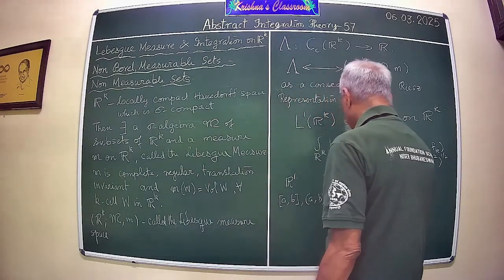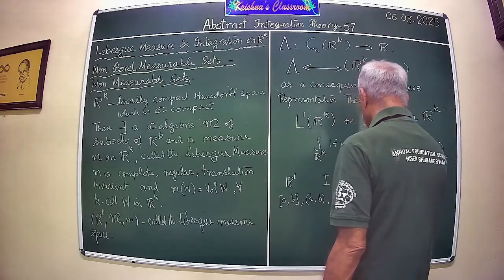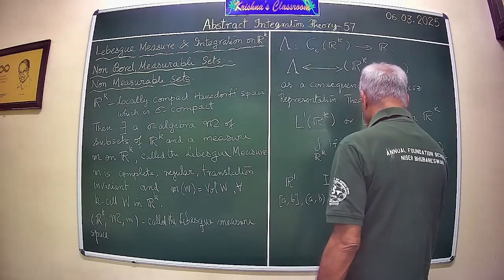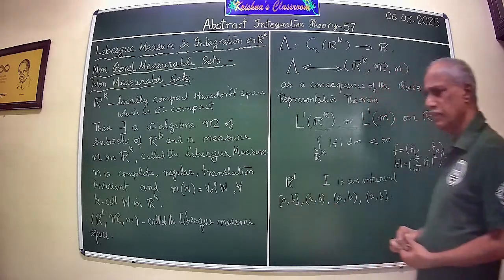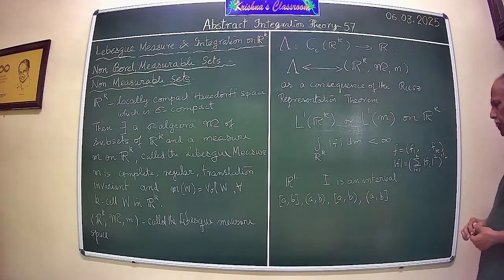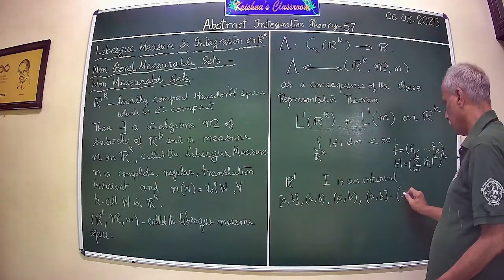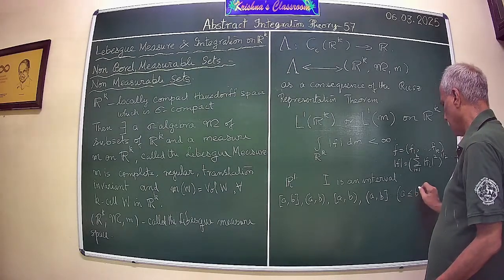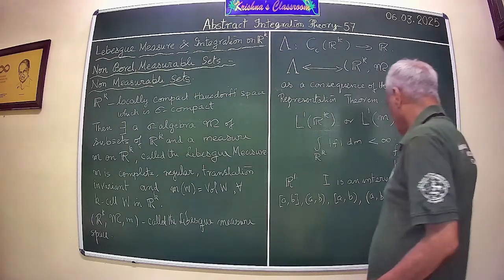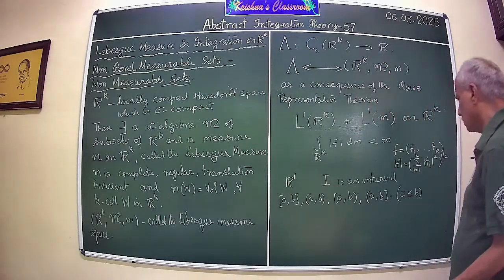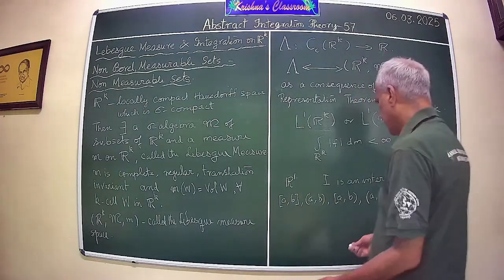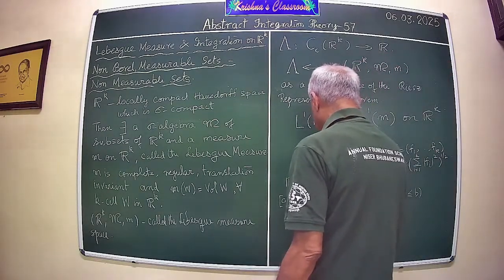Or a is included, but b is not included. Or a is not included, b is included. These four types of intervals that we come across. And a equal to b, it will become a singleton point. Okay, so then you can work on this one.